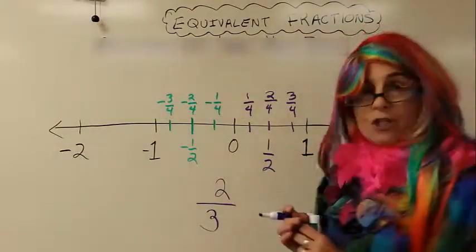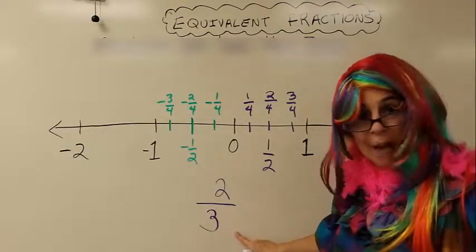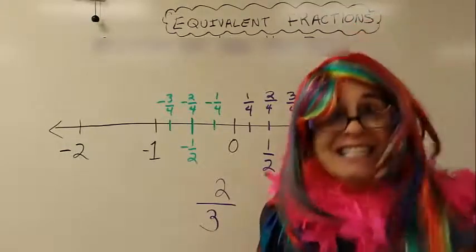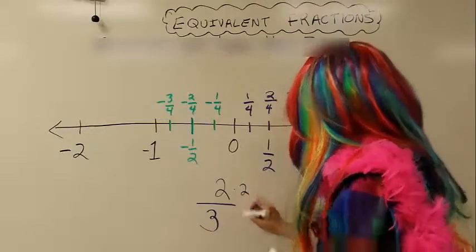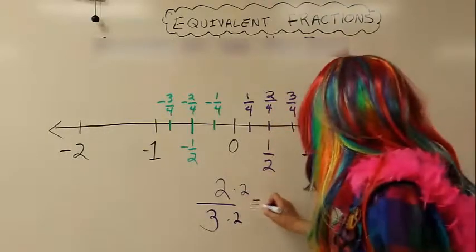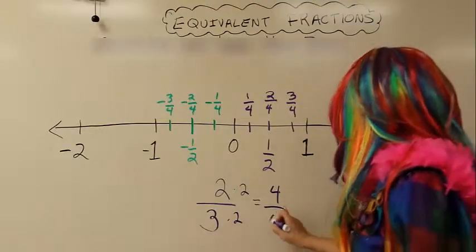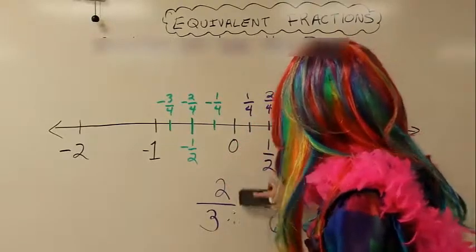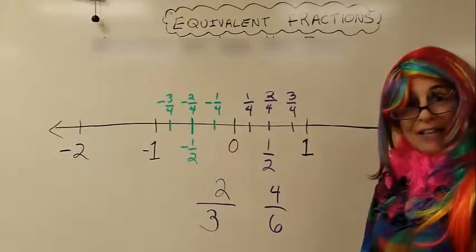Well, all we have to do is whatever we do to the numerator, we have to do to the denominator. So let's make easy peasy, lemon squeezy equivalent fractions. Let's multiply the numerator by 2 and the denominator by 2. And we'll get 2 times 2 is 4, 3 times 2 is 6. Look at that. An equivalent fraction for 2/3 is 4/6.